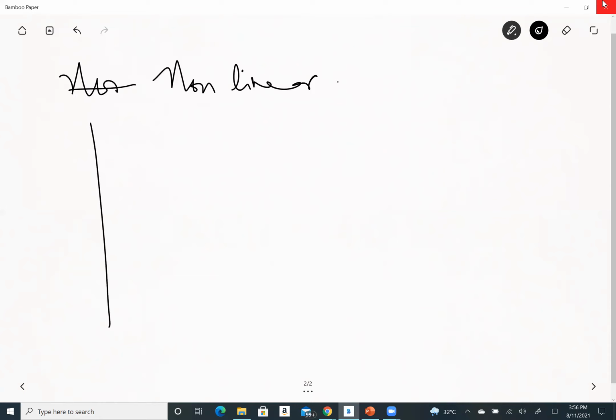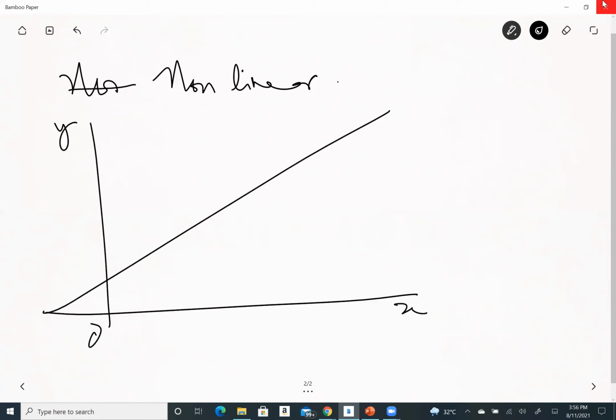Now we look at the general case. In the general case, the function is non-linear. It's not linear, which means the function will not be a straight line. What we did so far is this: we have a straight line like that, y equal to f(x).